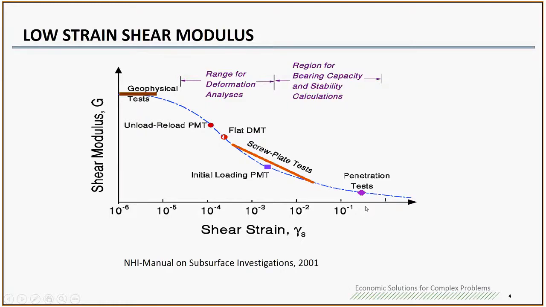Basically, they need to shear the soil, feel the soil to test the soil strains. So when we say the low strain shear modulus, we typically talk about the geophysics tests. It's about soil strains of 10⁻⁶ up to 3 to 4 × 10⁻⁶ shear strain.